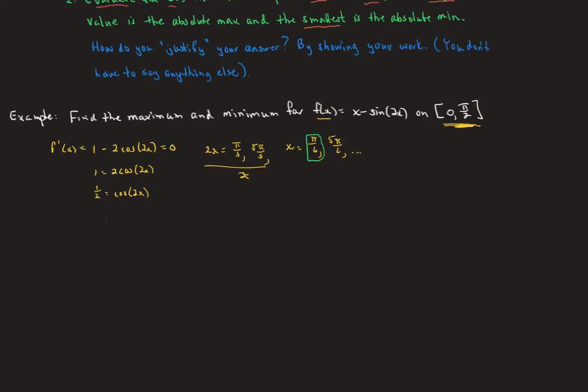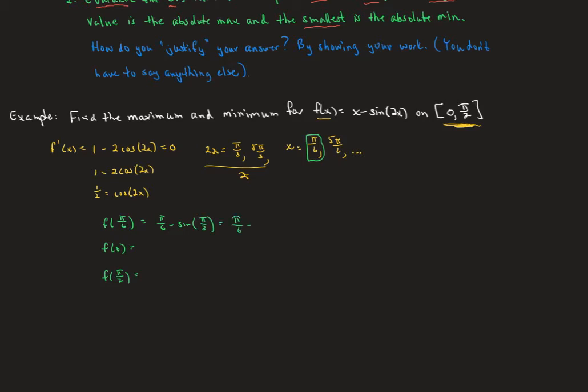So now we're going to evaluate pi over 6 in the original function. We're also going to evaluate the endpoints. So f of 0 and f of pi over 2. So f of pi over 6 in the original function is going to be pi over 6 minus the sine of 2 times pi over 6, which is pi over 3.